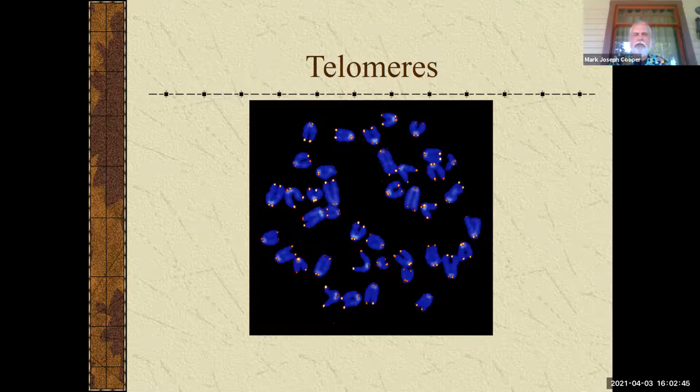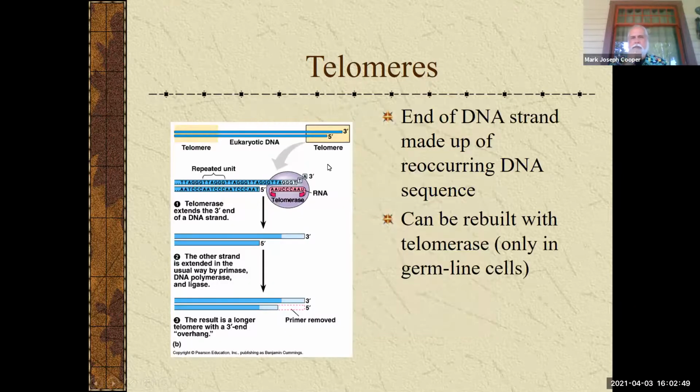In this picture, the stuff that's fluorescent is actually the telomere. Each time, it's going to get a little bit shorter. There is an enzyme called telomerase that can rebuild that, but most cells do not use it.